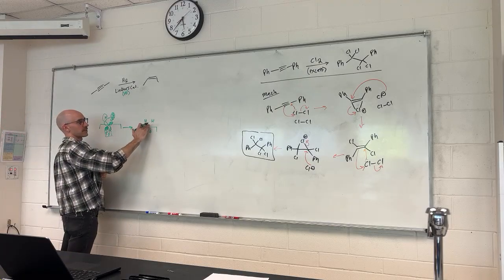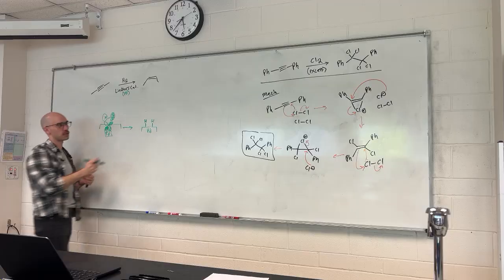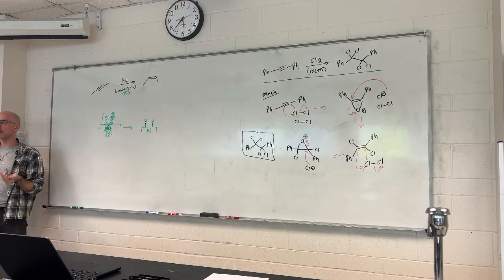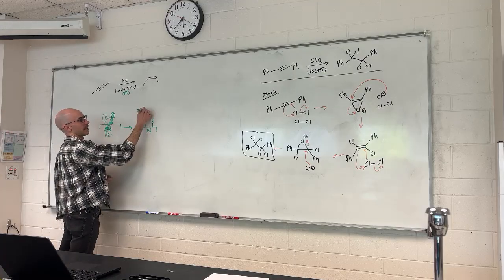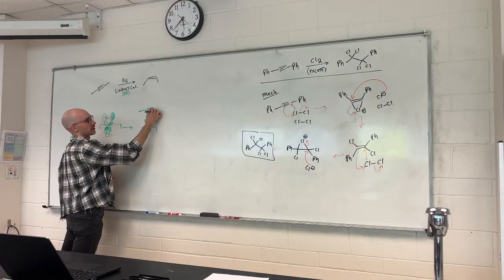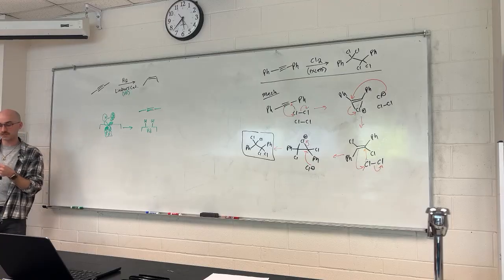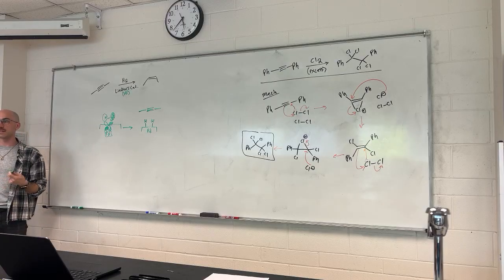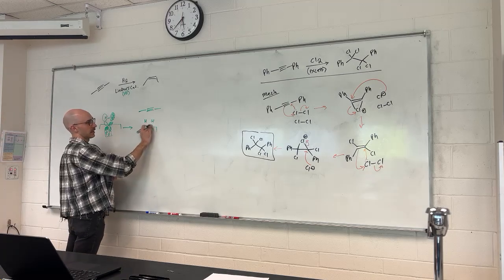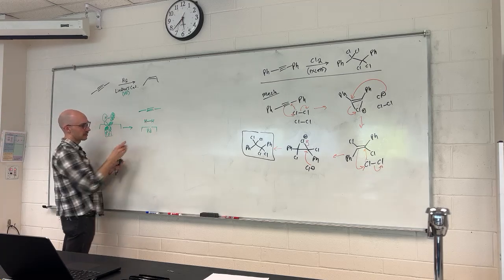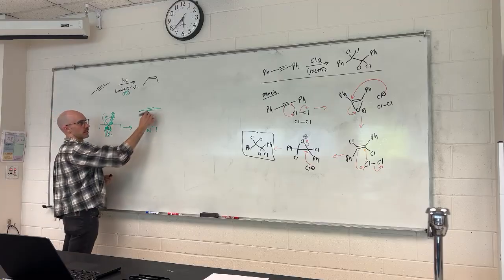Another way that you can represent this, though, is to show individual bonds between palladium and hydrogen. That's what some people show. Then the alkyne approaches. Same thing happens with the alkene, and there is a movement of electrons. The reason that I like to show it as molecular hydrogen is because the movement of electrons makes more sense.